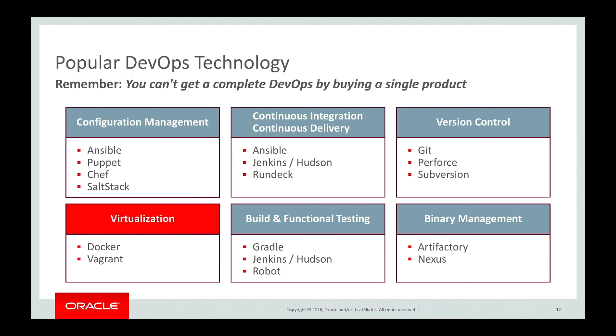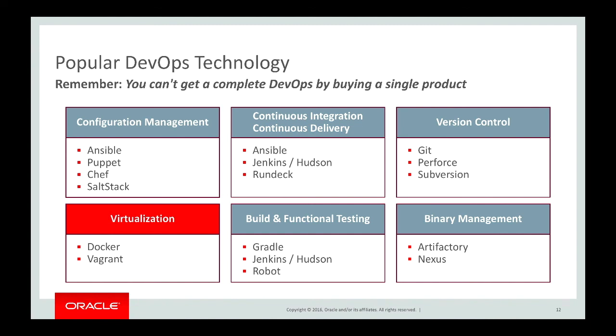Here we have configuration management products like Ansible, Puppet, Chef, or continuous integration and delivery products like Jenkins or Rundeck, versioning control products like Git or Subversion, virtualization products like Docker or Vagrant, testing products like Gradle or Robot, and binary management products like Nexus or Artifactory.